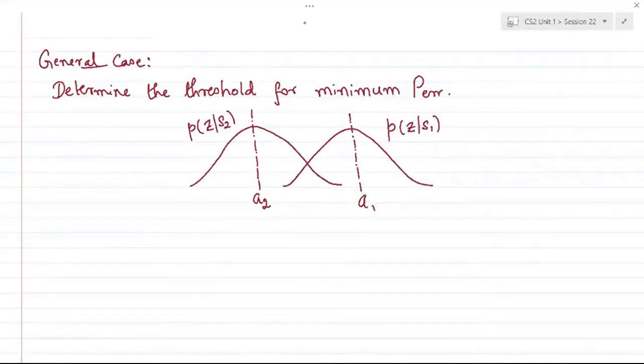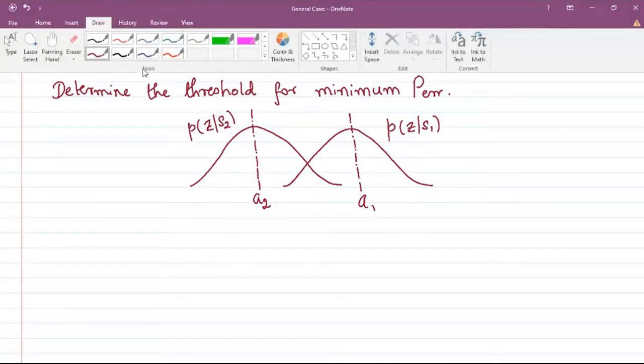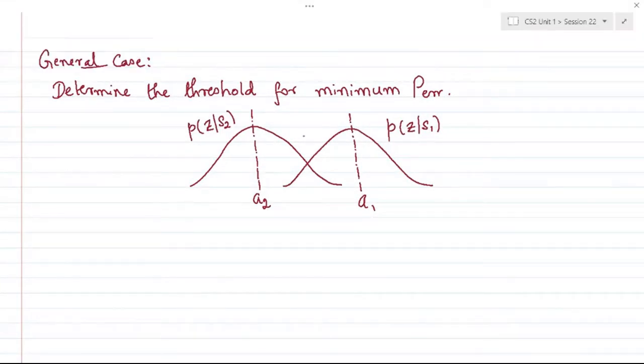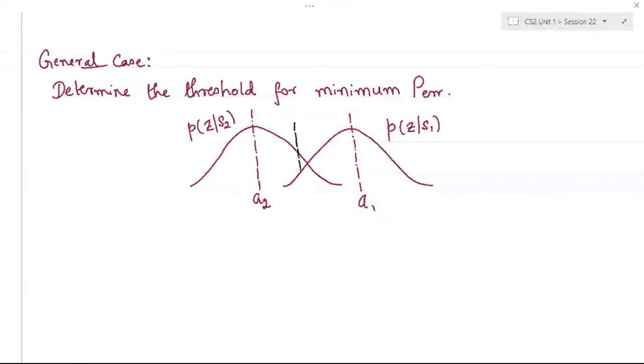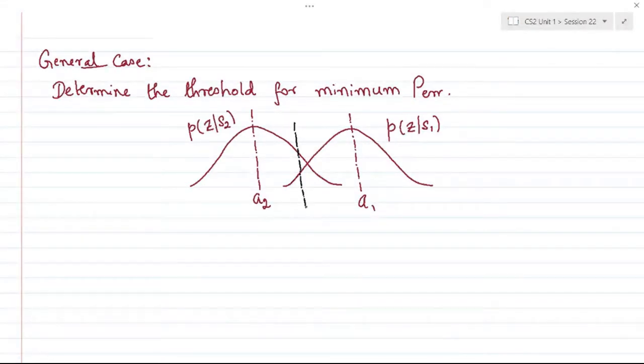Now we'll set the threshold, not necessarily at the midpoint, somewhere here, and our job is to find this threshold lambda naught such that our probability of error is minimum. That is the goal. That is the picture that we are going to utilize for today's discussion.